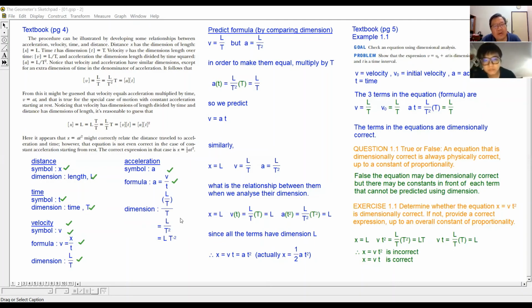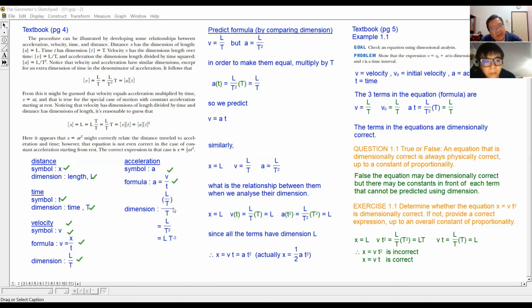So when we want to find out the dimension of acceleration, we look into velocity. Velocity is actually length divided by time, then divided by the time again. V is actually L over T, and T is the capital T here.